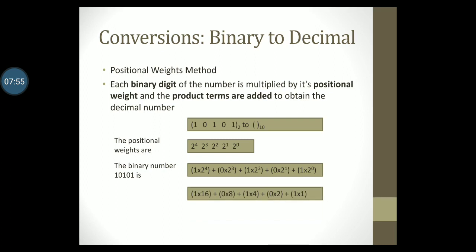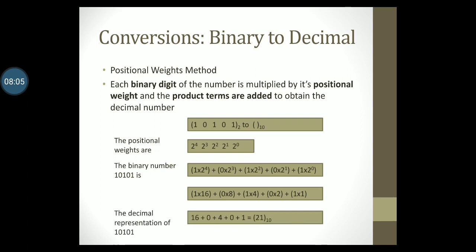This evaluates to 1 into 16 plus 0 into 8 plus 1 into 4 plus 0 into 2 plus 1 into 1, which adds up to 21. Therefore, the decimal representation of the binary number 10101 is 21.